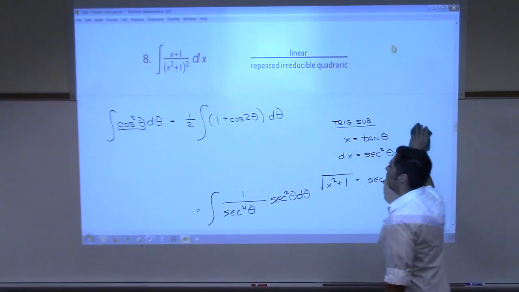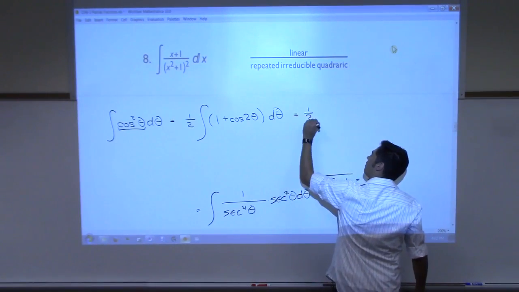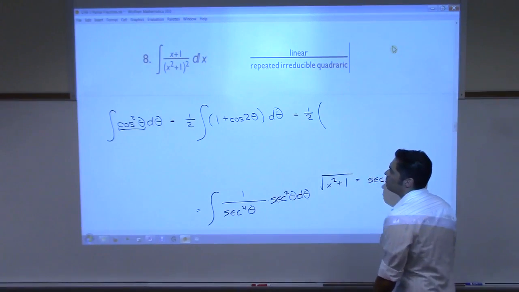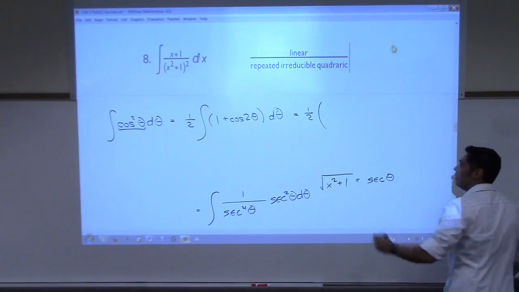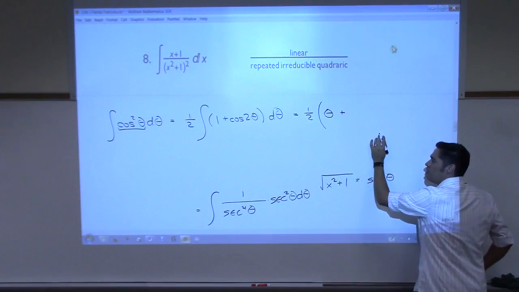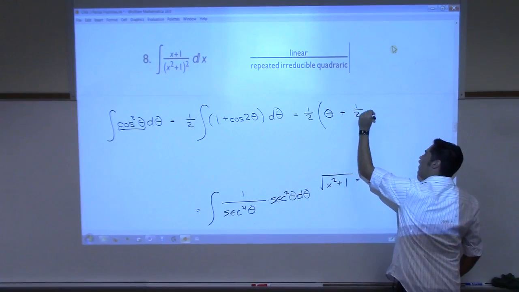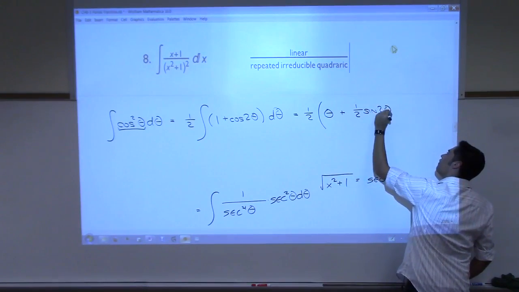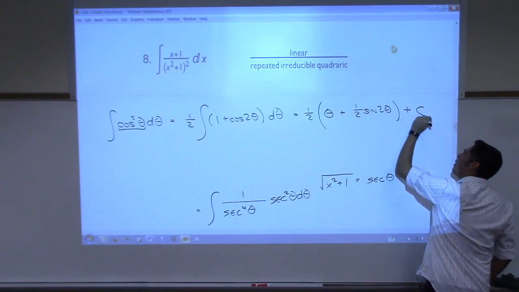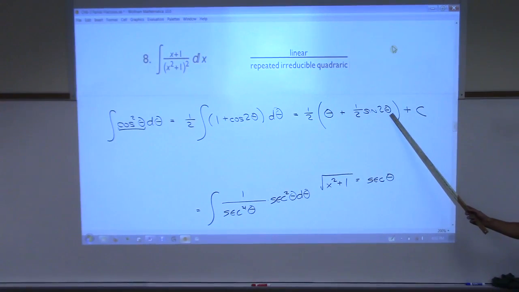And that you can integrate term by term. 1/2 parenthesis antiderivative of 1 theta plus antiderivative of cosine 2 theta, 1/2 sine 2 theta. But we know from last class and from the homework that when you have sine 2 theta, that's not going to be good.